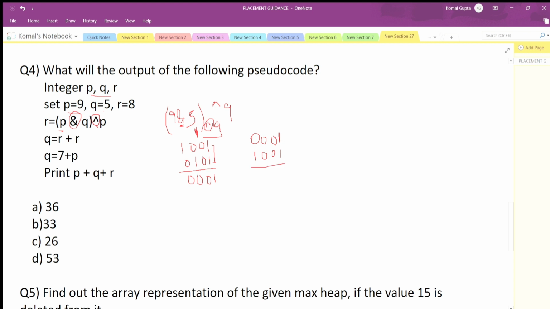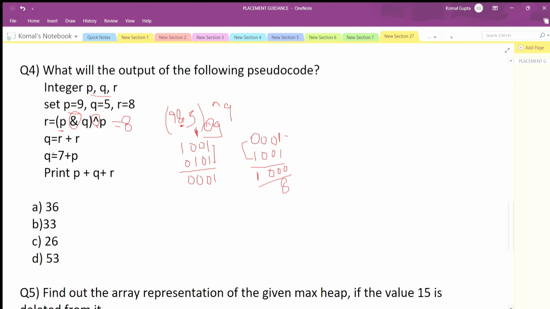XOR says that if both the values are different, then only it will be 1, and if they are the same, like 1 1 or 0 0, then it will be 0. So the decimal equivalent of this binary is 8. So from here we find the value of r as 8.